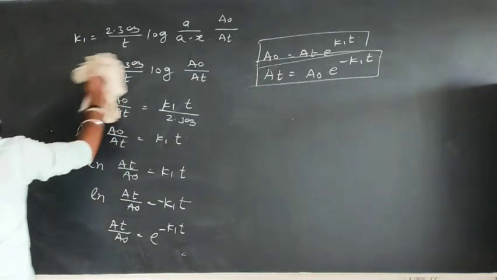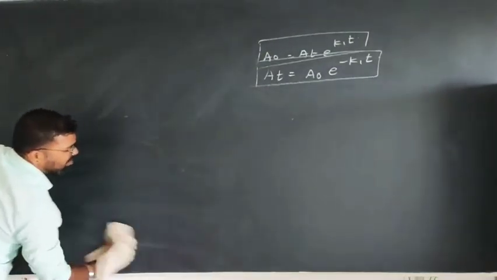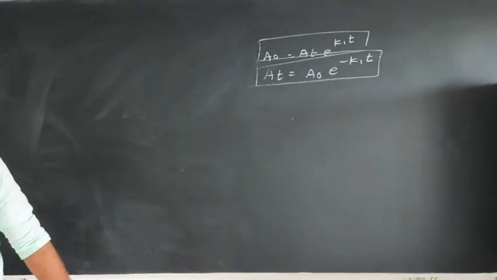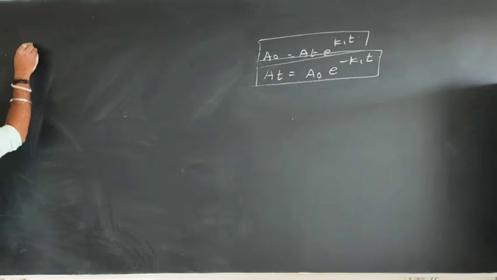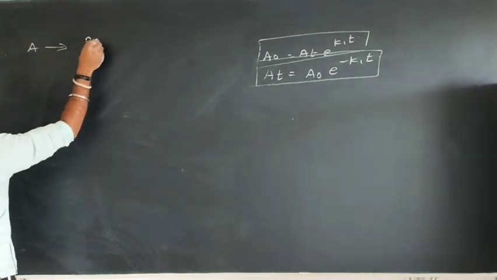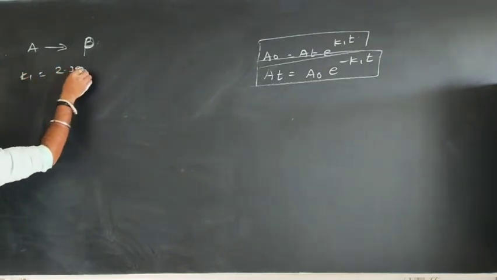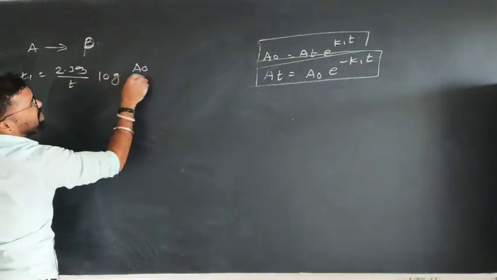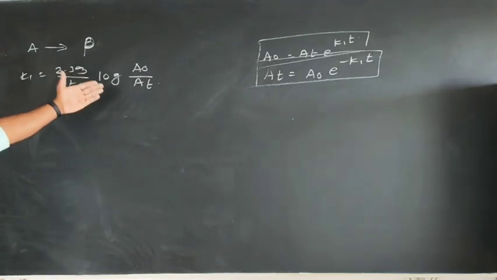Up to MSc first year, or TYBSc or SYBSc, stoichiometry 1 is given to you. That means the reaction provided is A gives product. For this reaction I can write K1 is equal to 2.303 upon t into log10 of A0 upon At, or a upon a minus x.